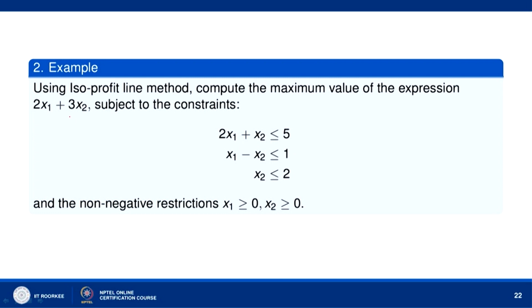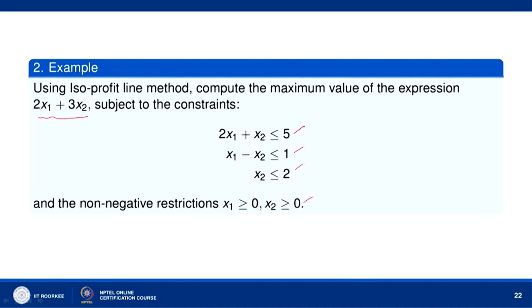Suppose we want to find the maximum value of Z equal to 2 x 1 plus 3 x 2 subject to these constraints, and the non-negative restrictions x 1 greater than or equal to 0, x 2 greater than or equal to 0. Then as in the previous example, here also we consider the straight lines 2 x 1 plus x 2 equal to 5, x 1 minus x 2 equal to 1, and x 2 equal to 2, and then obtain the convex polygon.